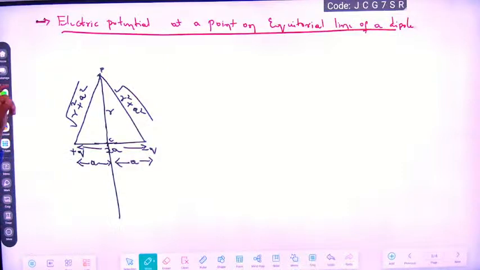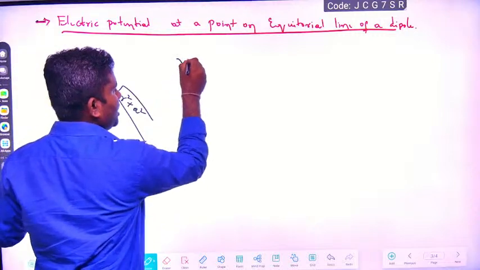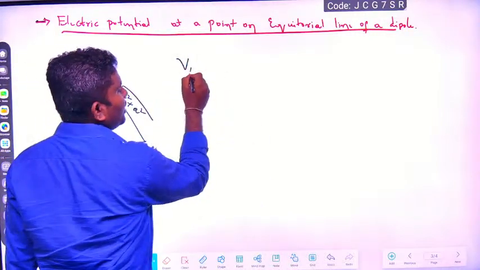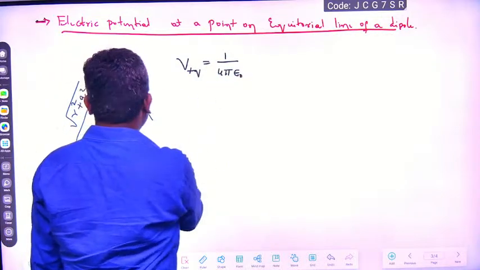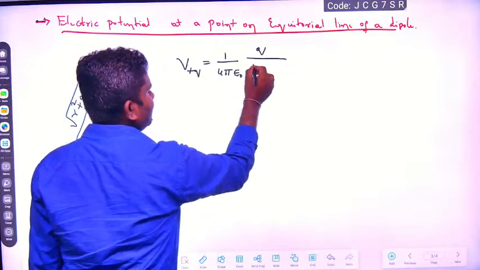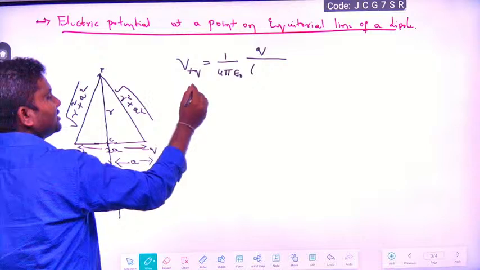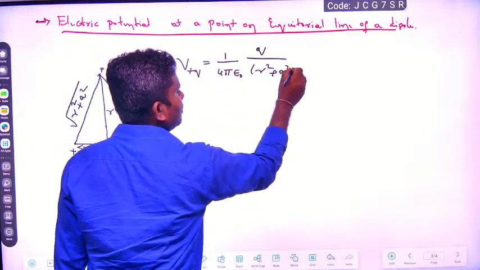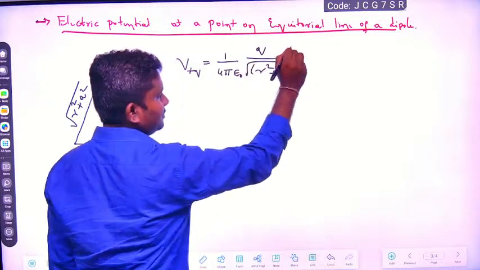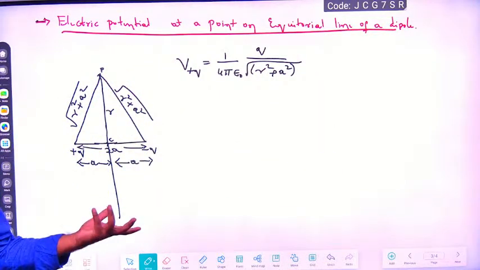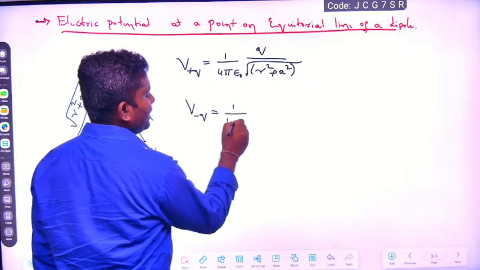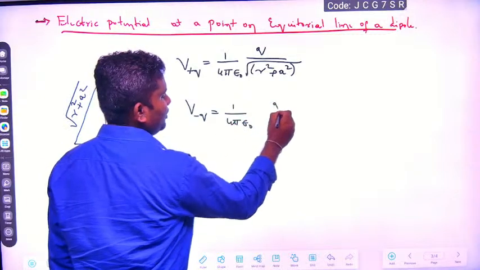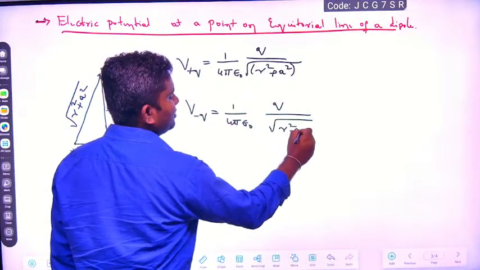Now, what is the electric potential at this point P? Due to the positive charge, V plus Q is equal to 1 by 4 pi epsilon naught, Q divided by under root r square plus a square. Due to the negative charge, the potential is 1 by 4 pi epsilon naught, Q divided by under root r square plus a square, but negative.